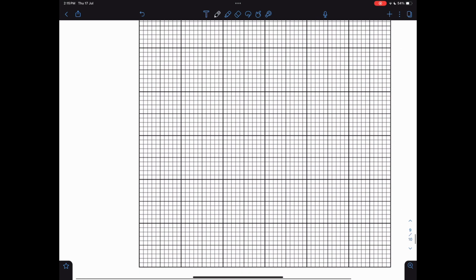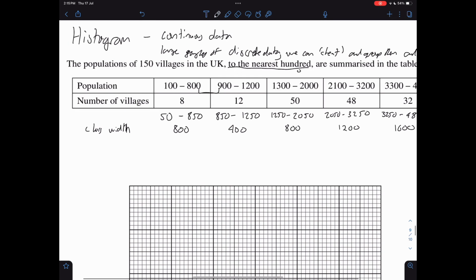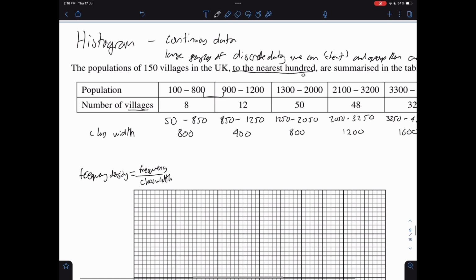And now what we actually plot on the y-axis is not frequency, it is frequency density. So frequency density equals frequency over class width. And the units of this depend on your data set, but here it would be villages per person. So we'd say villages per person.